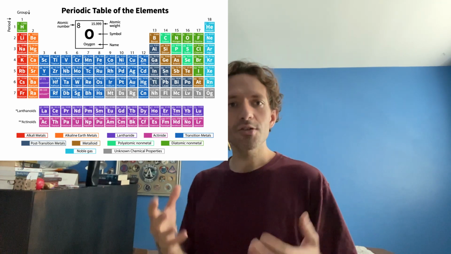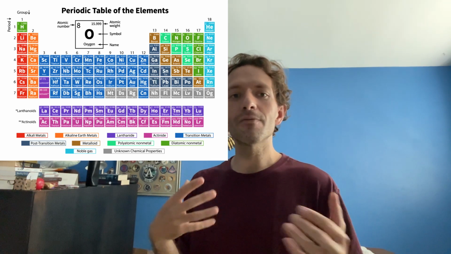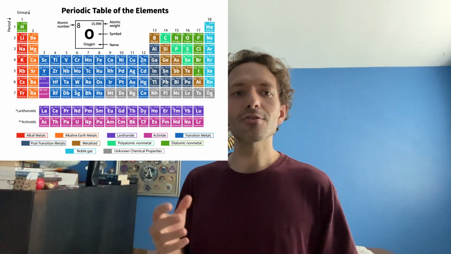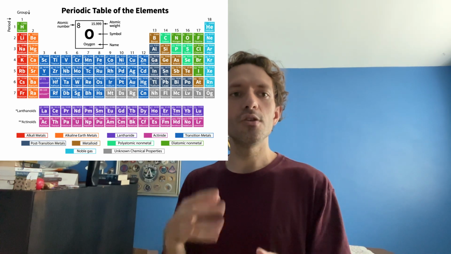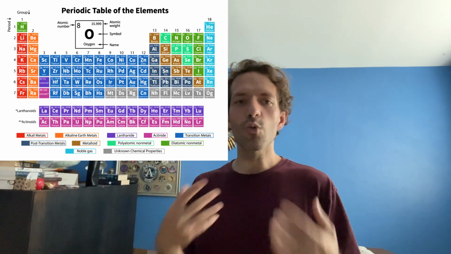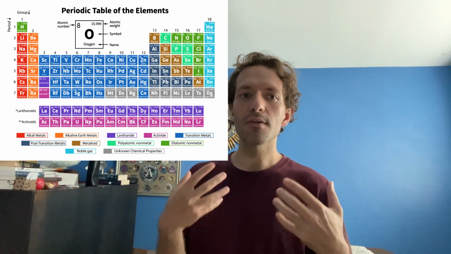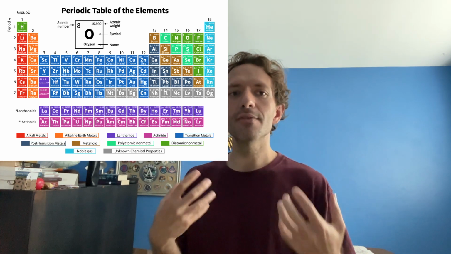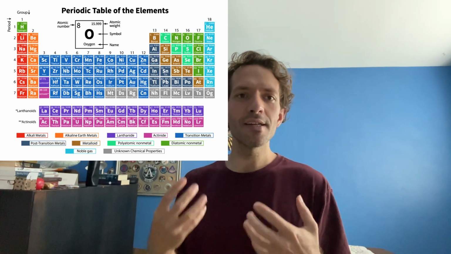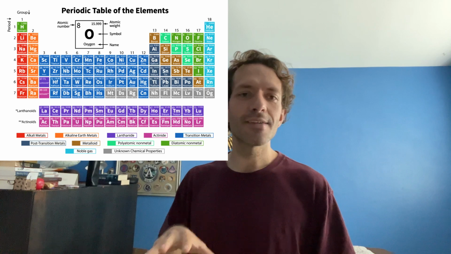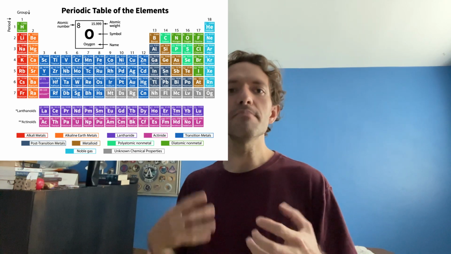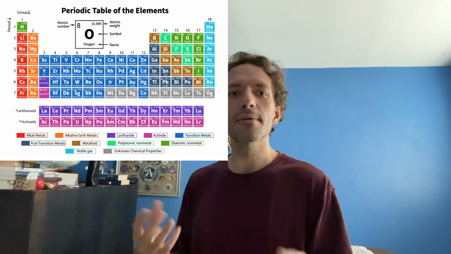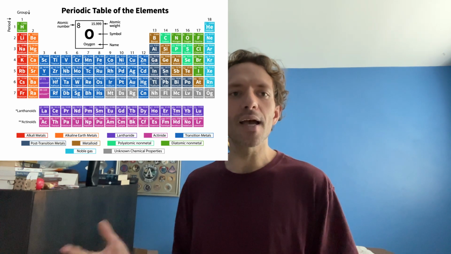So by integrating the symbolic language of alchemy, the structure of the periodic table, and psychological Jungian archetypes, I'm working to create a modern system that maps the personal evolution of an individual that is both scientifically grounded and spiritually meaningful. I'm trying to make a topographical map of the human psyche.